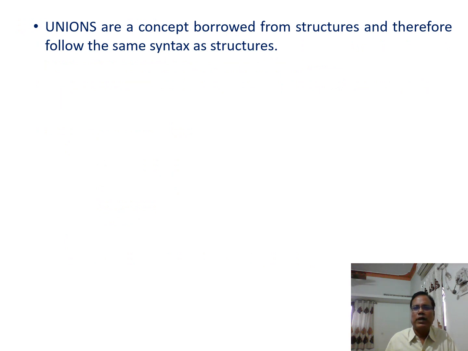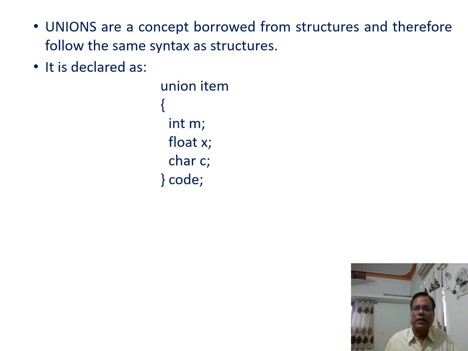Unions are a concept borrowed from structures and therefore follow the same syntax as structures. Here a union item is declared that has the elements int m, float x, char c, and after that a union variable is declared.